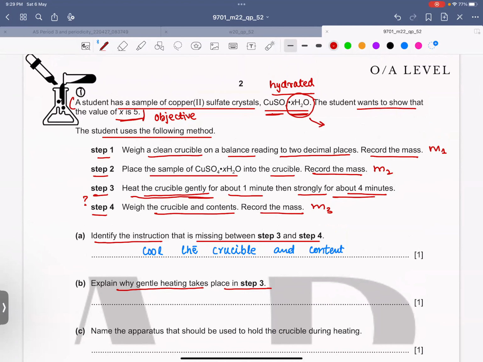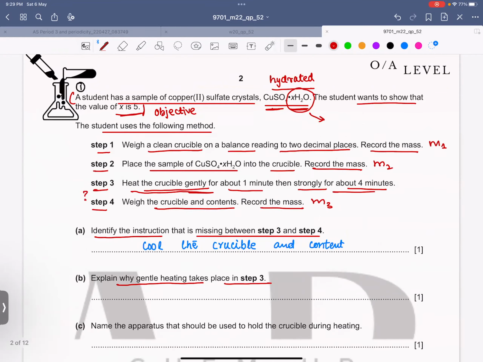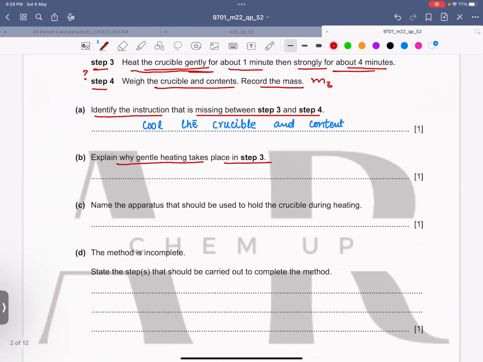If you start with strong heating at room temperature, the crystals might start spitting out of the crucible. So to avoid that spitting, we initially heat gently. And remember, carbonates can be decomposed by a Bunsen burner, so we do gentle heating to remove the water, and then on strong heating carbonates and nitrates usually decompose, but sulfates do not decompose even on strong heating.